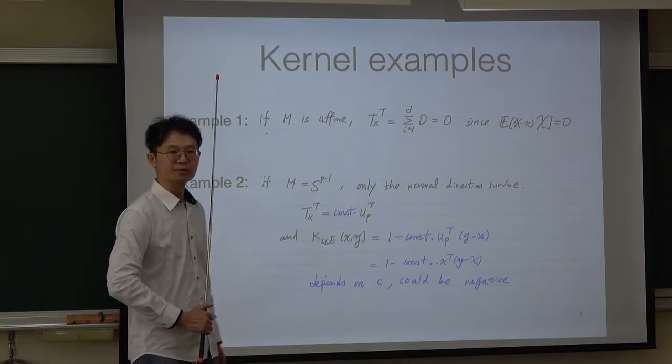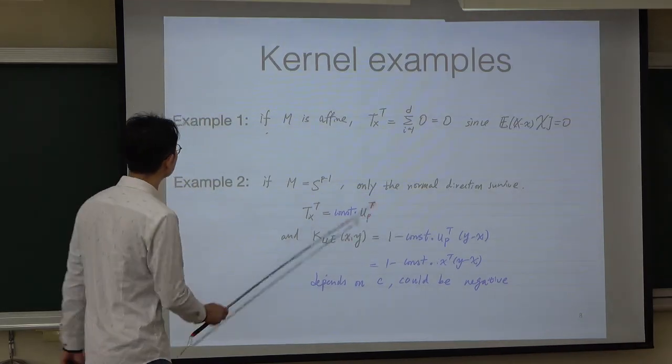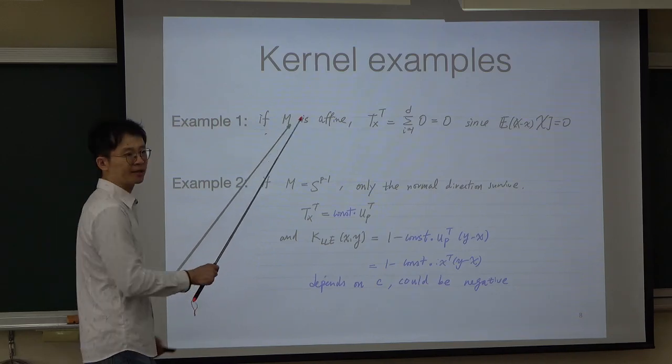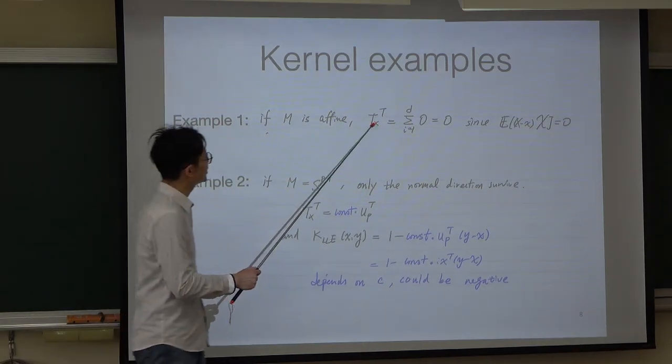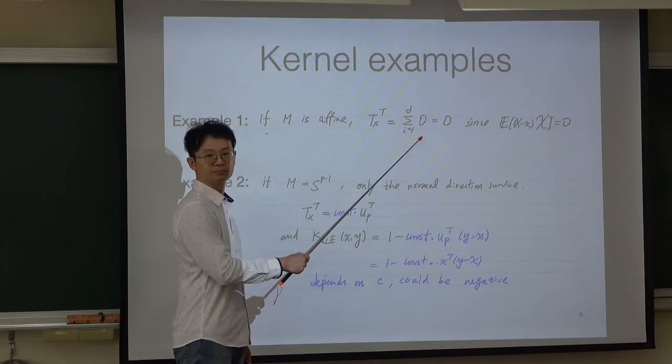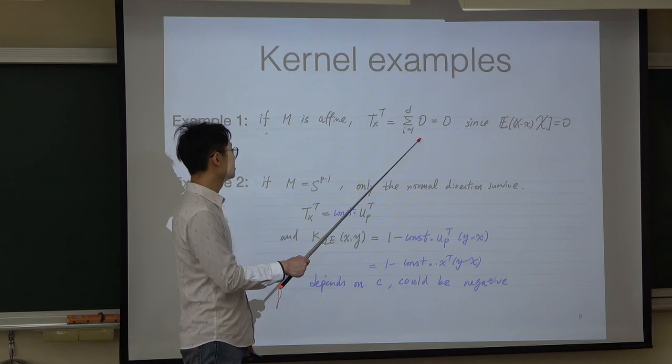And there are some examples you can quickly see. Suppose M is flat and affine, then it is flat. So you can do a quick calculation and see that Tx is actually 0. There's nothing to do.